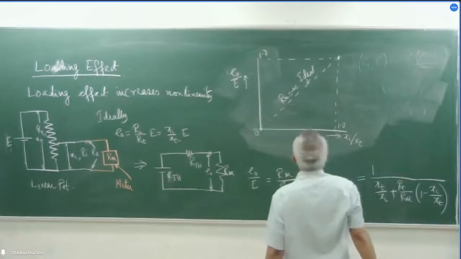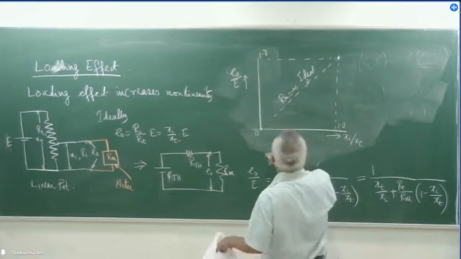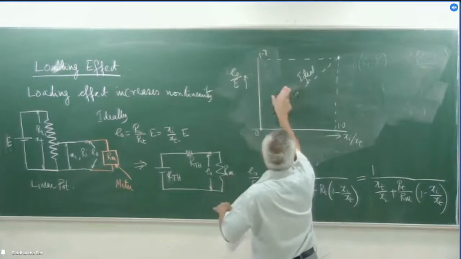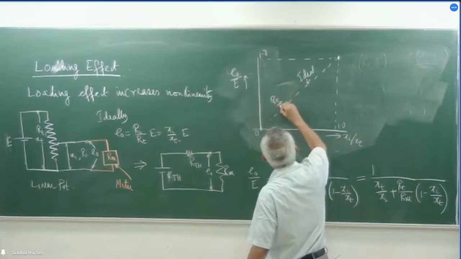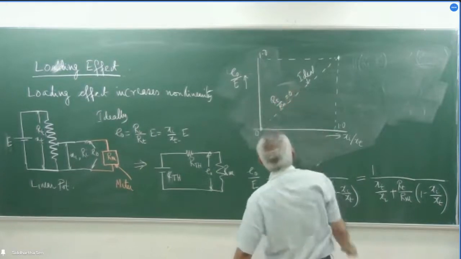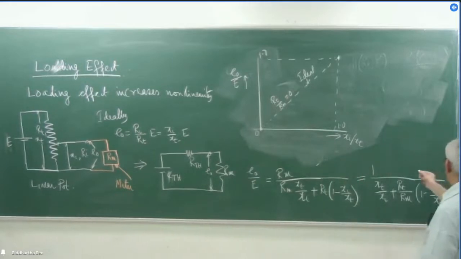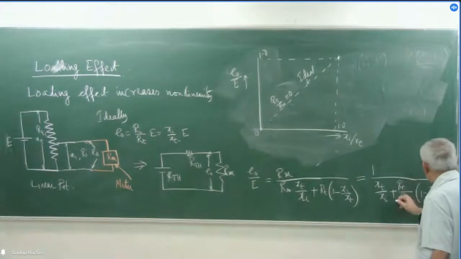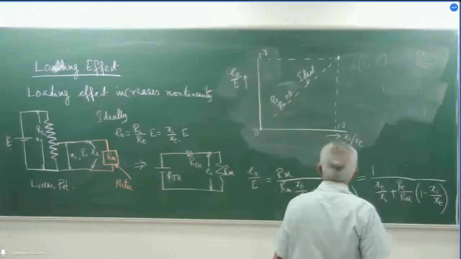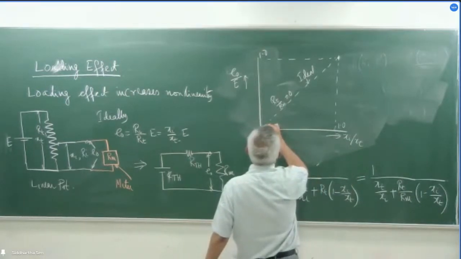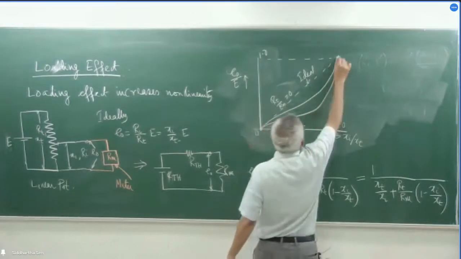If Rm decreases, I will put it, if you don't mind, RT by Rm not equal to 0. That means this part is introducing nonlinearity in it. So what will happen is that these characteristics will go like this.